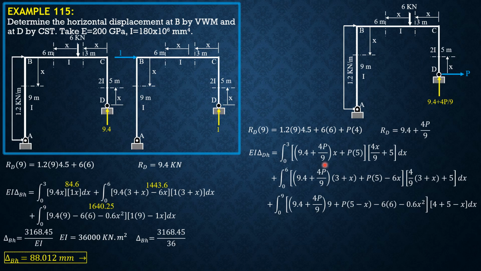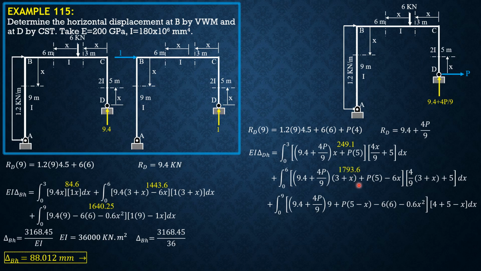So integrating, this reduces to integral from 0 to 3 of 9.4x times 4 over 9x plus 5. So the first integral is 249.1. The second, integral 0 to 6 of 9.4 times 3 plus x minus 6x, then times 4 over 9 of 3 plus x plus 5, or you may simplify that using your stats and evaluate manually.